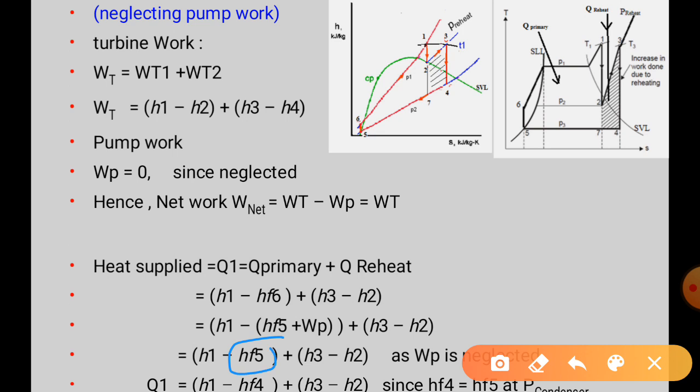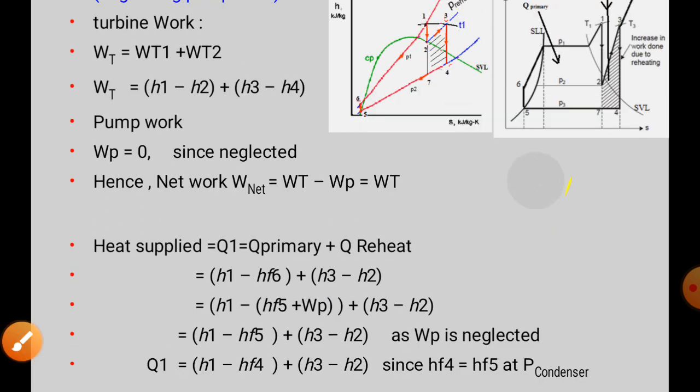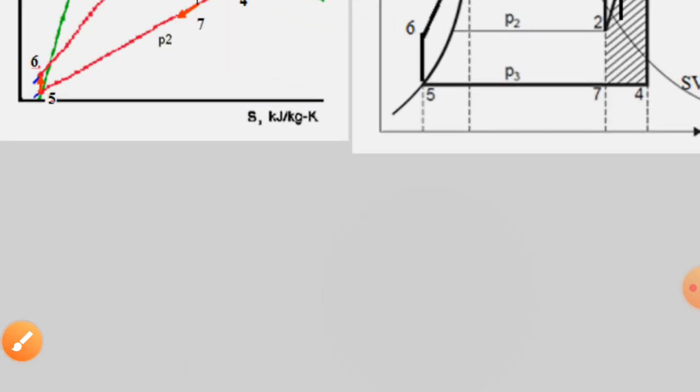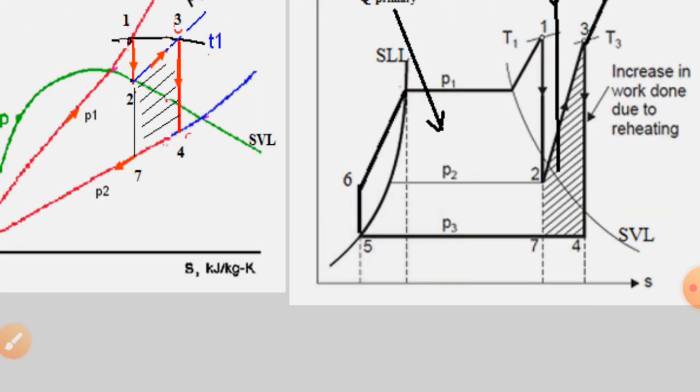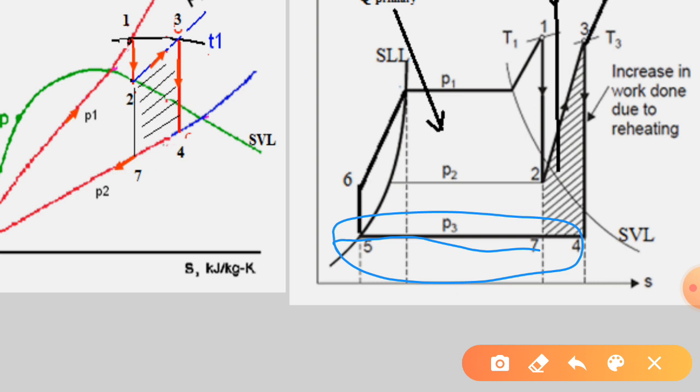Then in Q1, in the next step I am replacing HF5 by HF4. Why? Because, as you know, in the TS diagram we can discuss this very important point. The 4 to 5 process is operating at condenser pressure P3.